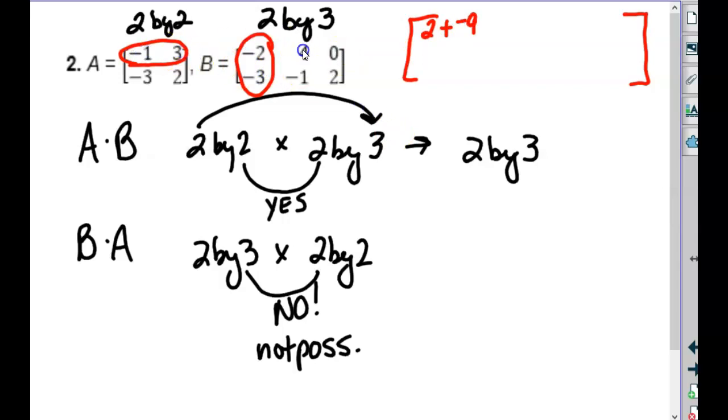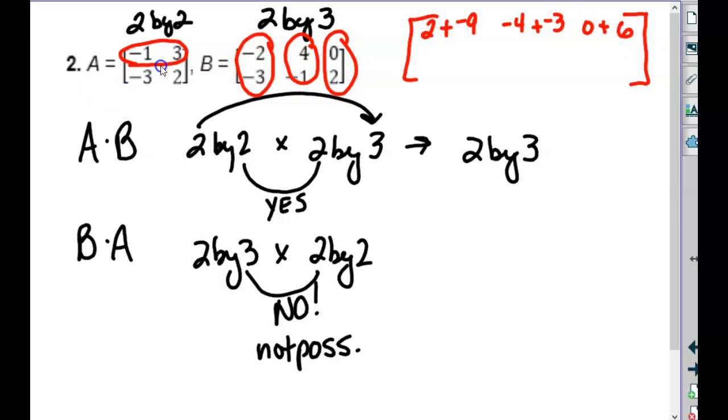Then you stick with that row, but you move over to this column. -1 times 4 plus 3 times, was that a -1, guys? Then you move over to this one. -1 times 0 is 0, plus 3 times 2 would be 6.